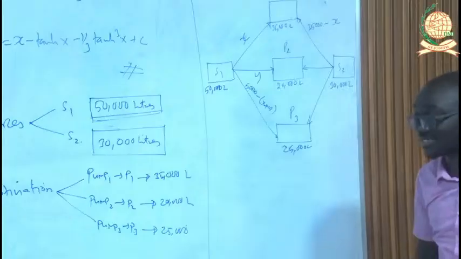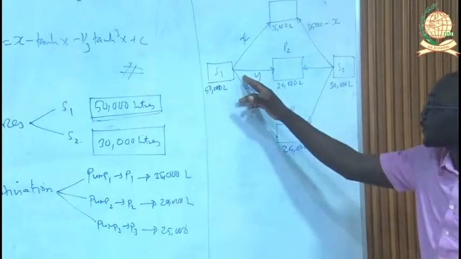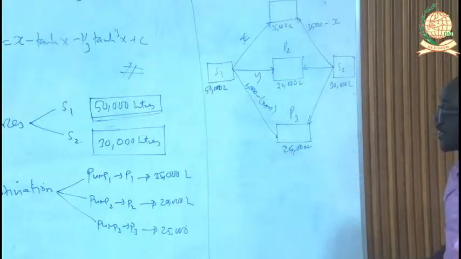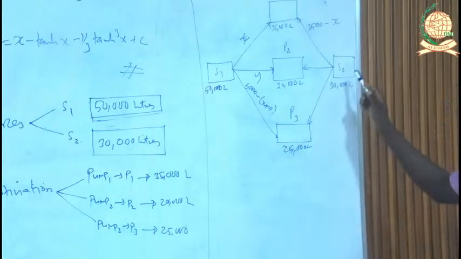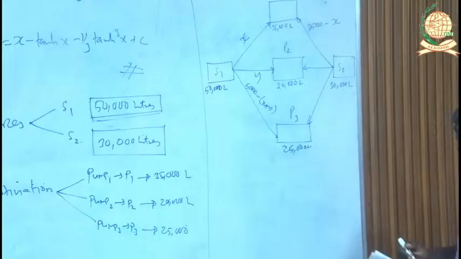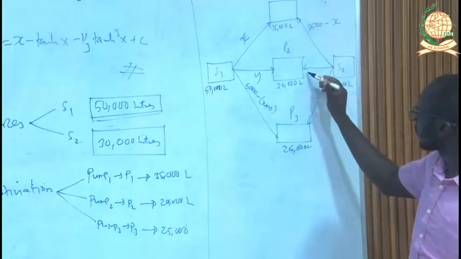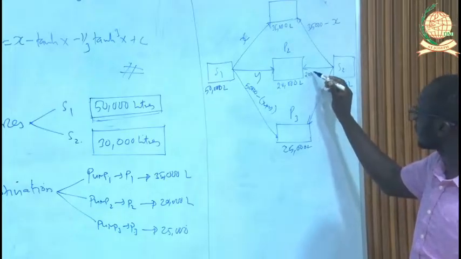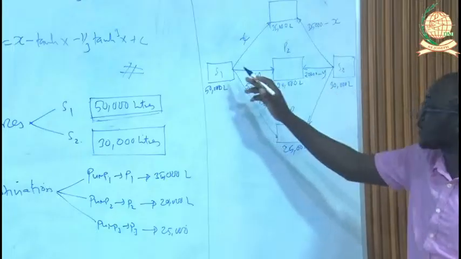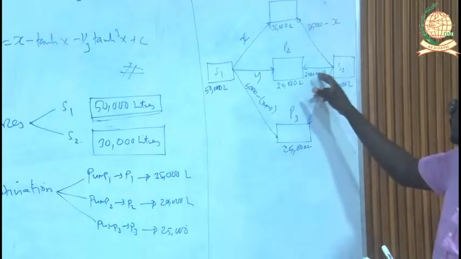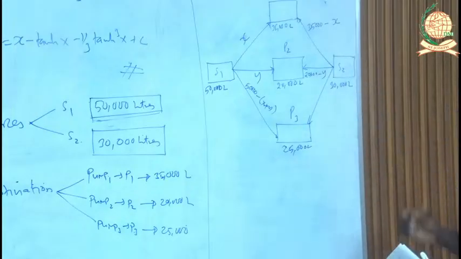Suppose the value of Y was 10,000 liters, it means the remaining 10,000 liters are going to be taken from S2. So the remaining amount is going to be the capacity, 20,000 liters, minus what was taken from S1. This is the amount that will be taken from S2, because the equation is balanced.